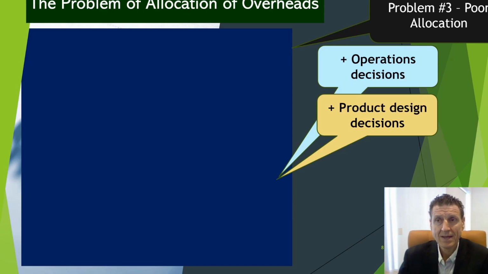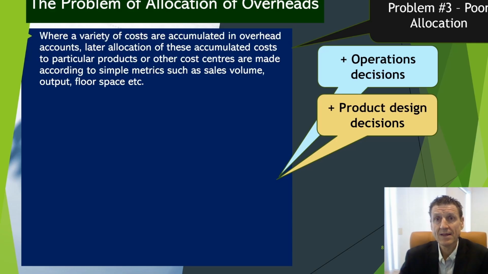When we don't allocate the environmental costs properly, then we don't make as good operation decisions and we don't make as good product design decisions. Where a variety of costs are accumulated in overhead accounts, the later allocation of these accumulated costs to particular products or other cost centers is made according to simple metrics such as sales volume, output, or floor space.